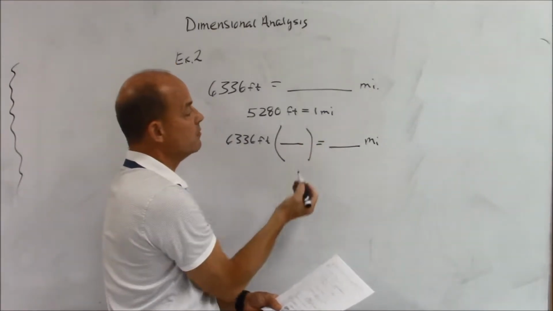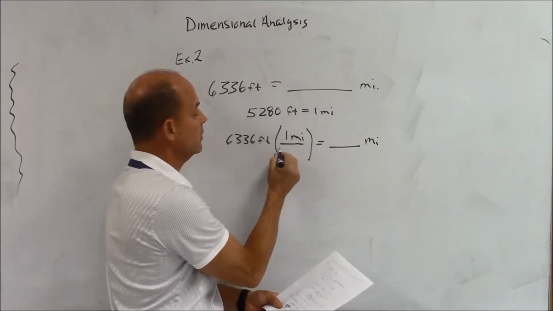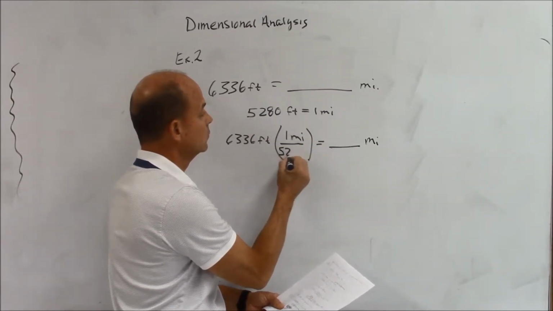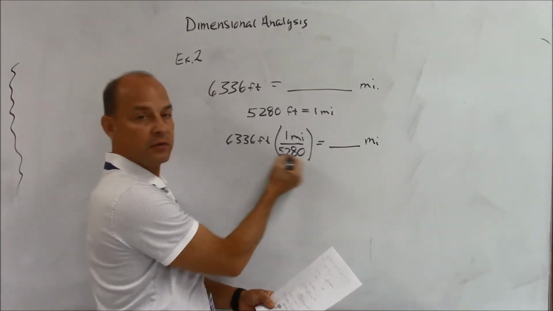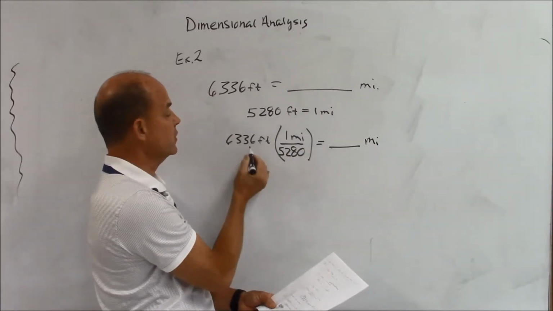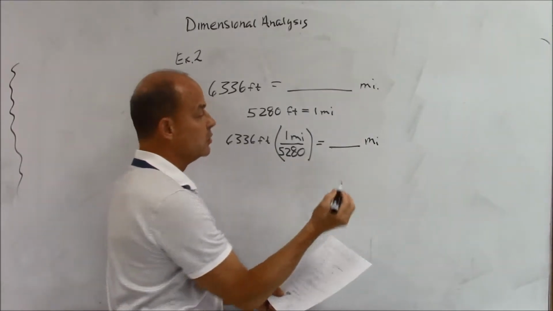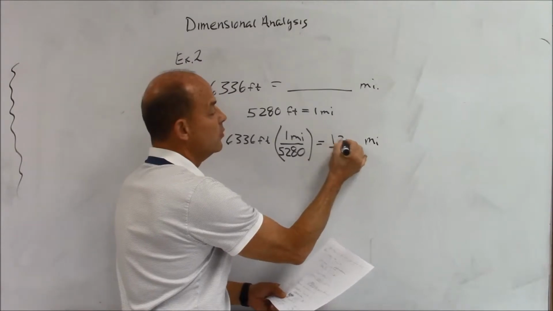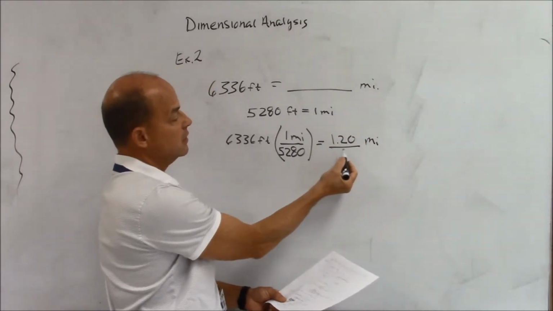In this case, we want miles on top and feet on the bottom. Okay? And if you did this multiplication, which is just really a division of 6,336 divided by 5,280, you would find out that there are 1.20 miles.